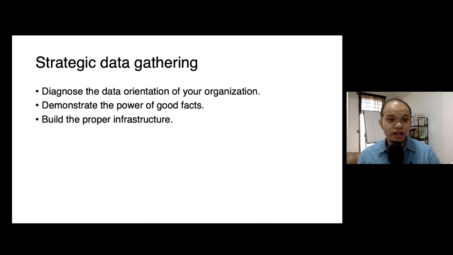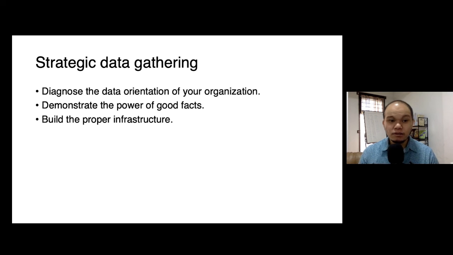So the first idea in strategic data gathering is diagnosing the data orientation of your organization, and this refers to your client. You'd want to understand, well, are these guys data driven? Are they data oriented, or are they off the cuff, playing things by gut feel, very instinctive or intuitive?